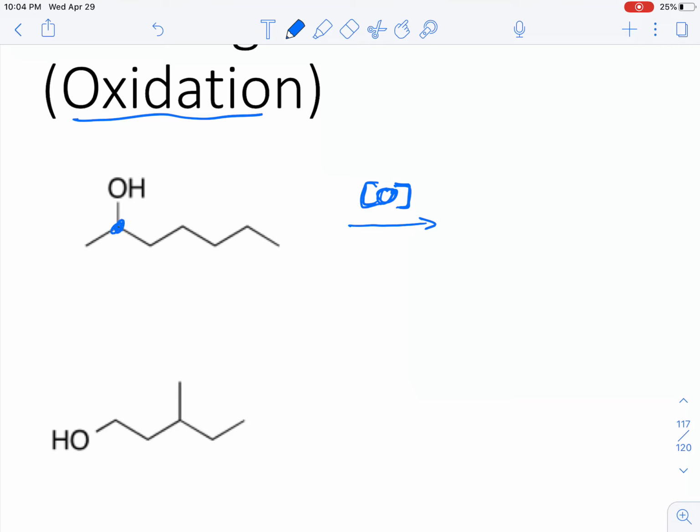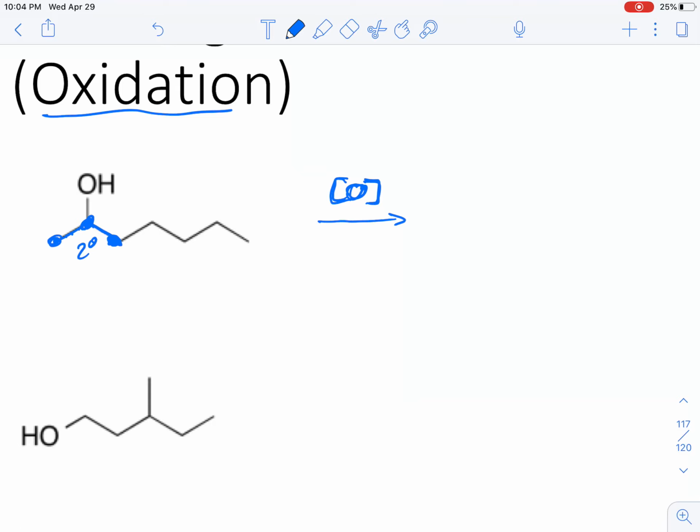Looking at this alcohol, notice that this is a secondary alcohol. This central carbon has two carbons attached to it. And so if you have a secondary alcohol, what product do you get? If you don't recall, just think about what oxidation means.